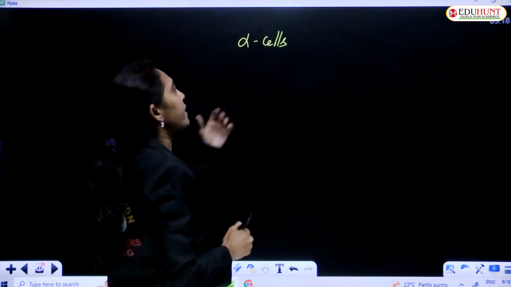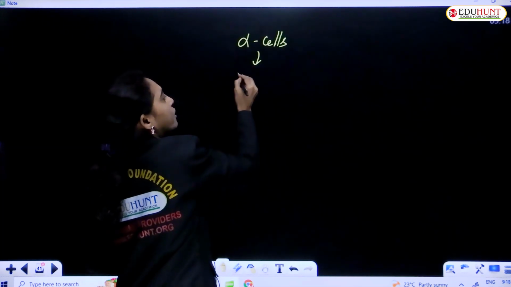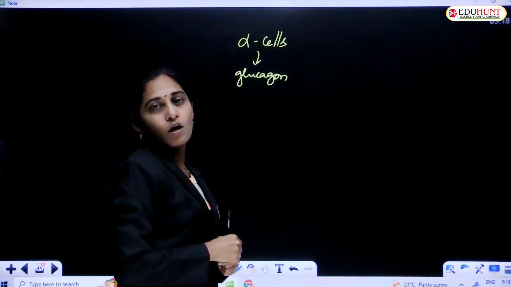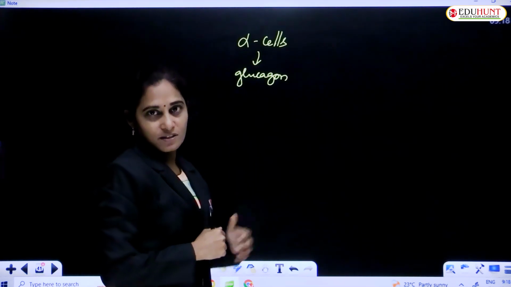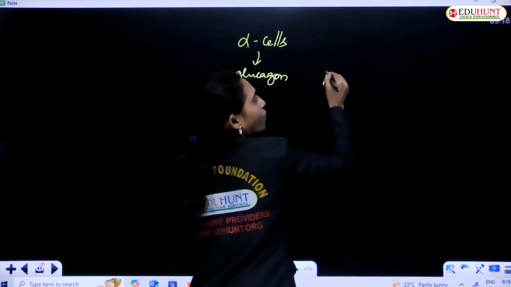The alpha cells secrete a hormone called glucagon. Glucagon is a peptide hormone.